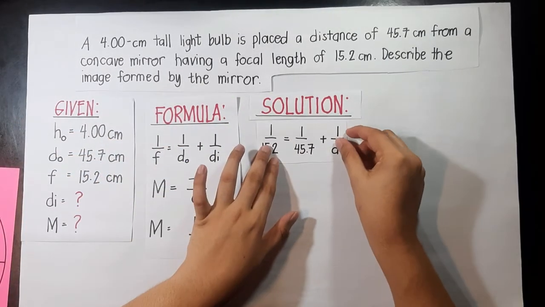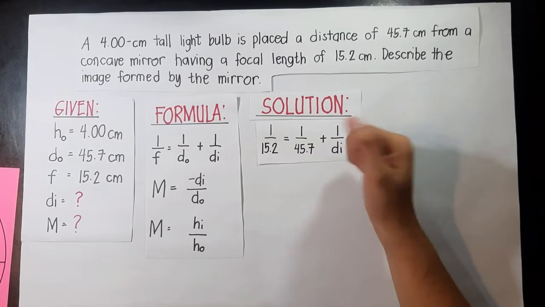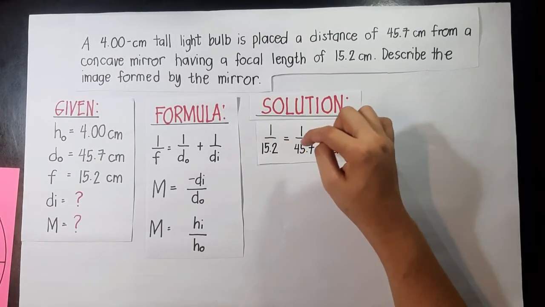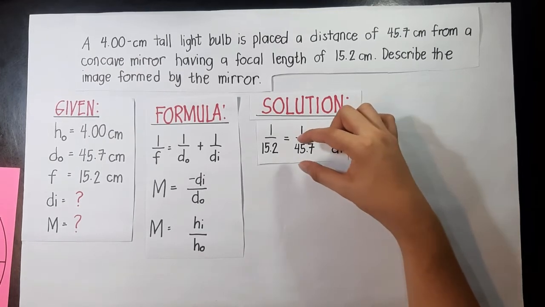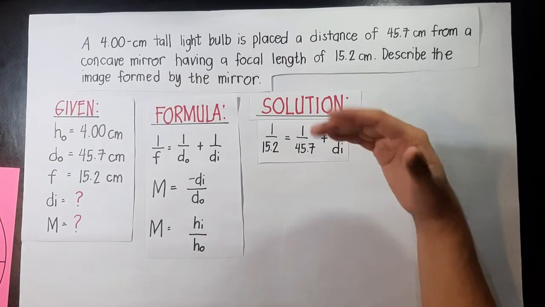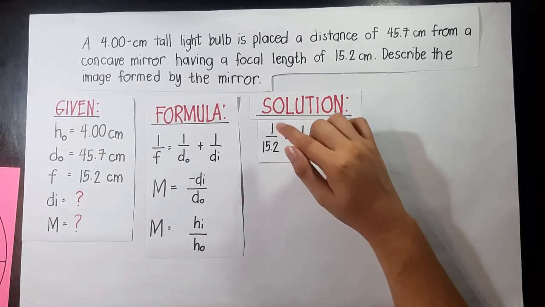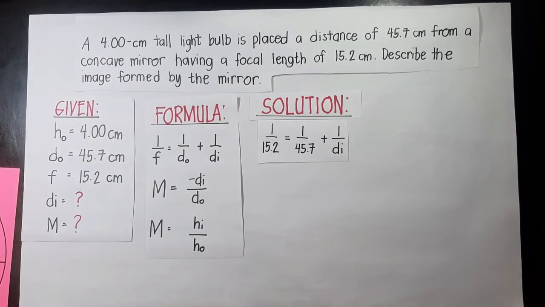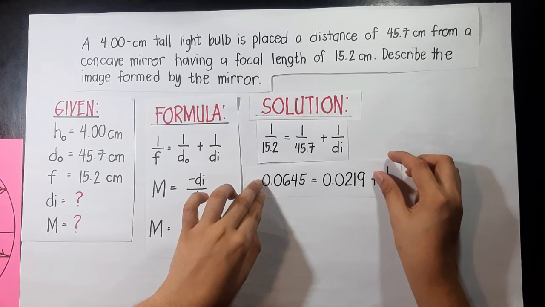So, I substituted here the value of DO and the value of F. So 1 over the value of F, which is 15.2, is equal to 1 over 45.7, and that 45.7 is the value of our DO, plus 1 over DI. So ito yung unang-una natin gagawin. So na-substitute ko na siya, kunin naman natin yung answer from 1 divided by 15.2 and 1 divided by 45.7. So pag kinuha natin, we will come up with this answer.